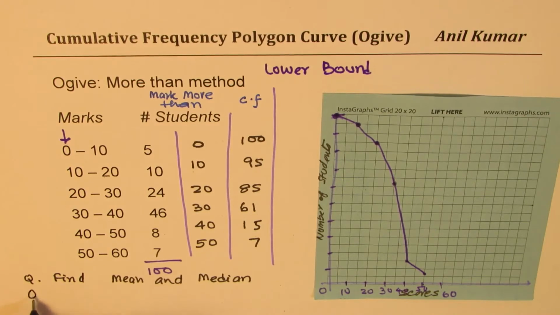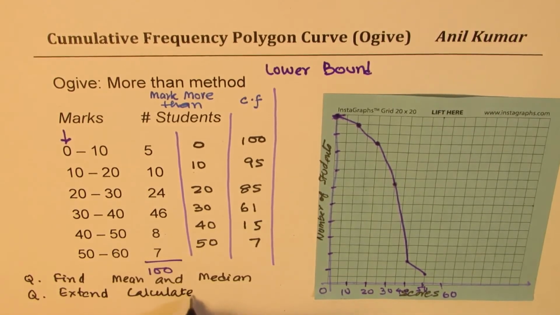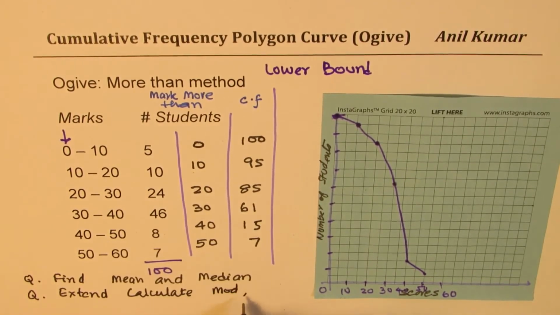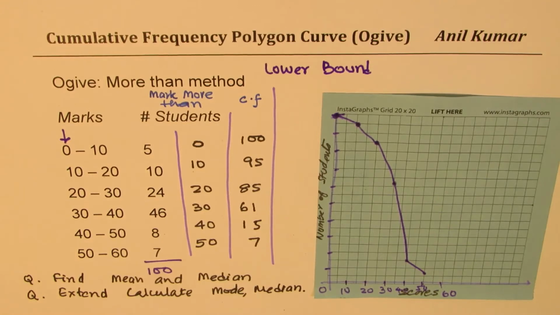And what we will do also from the data, we'll extend to calculate mode and median. So we'll extend this information and we'll see how to find mode and median from the given data.